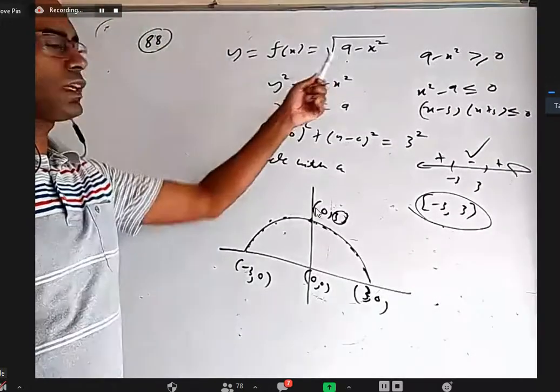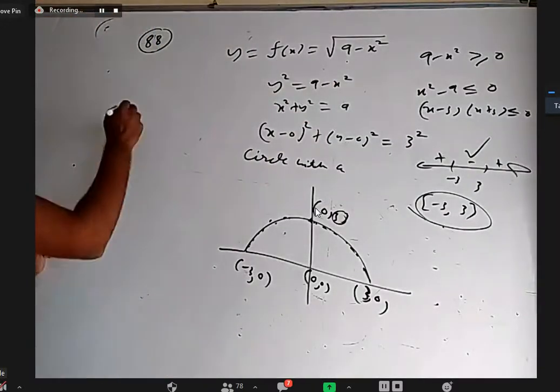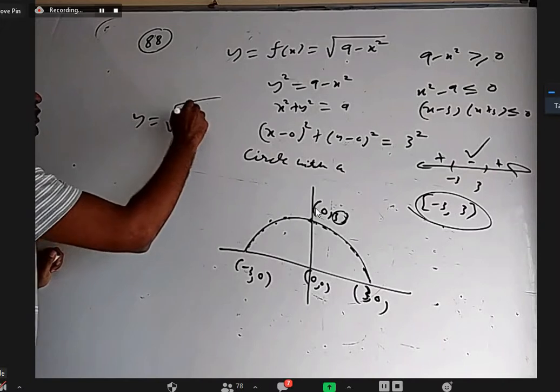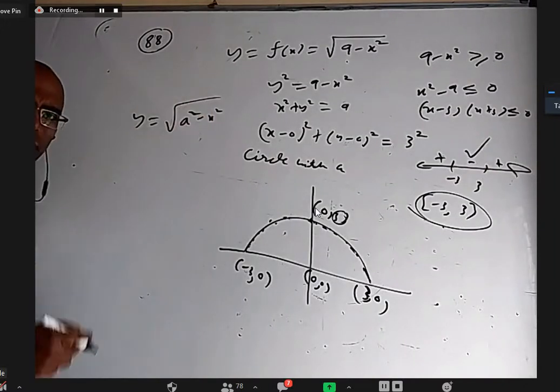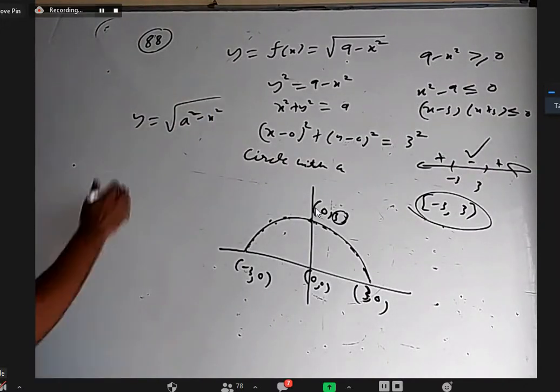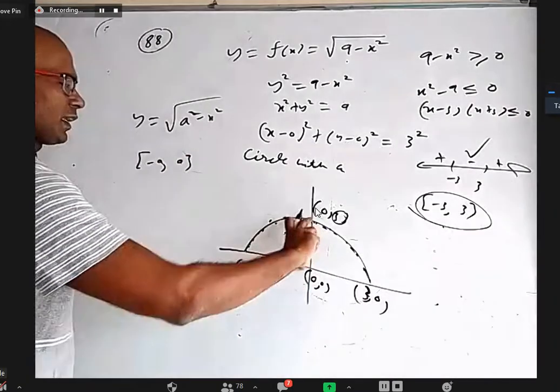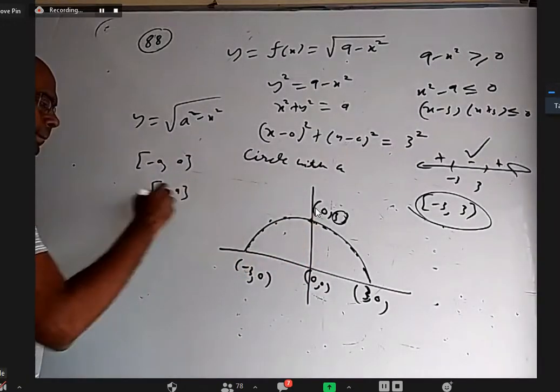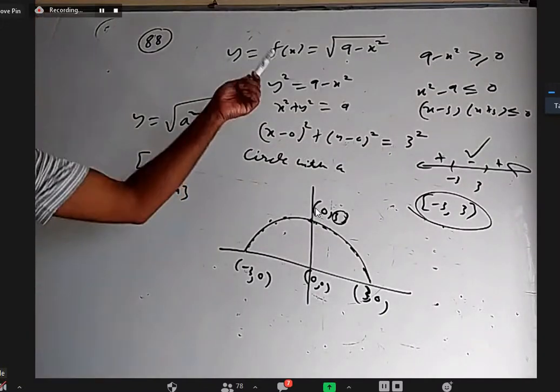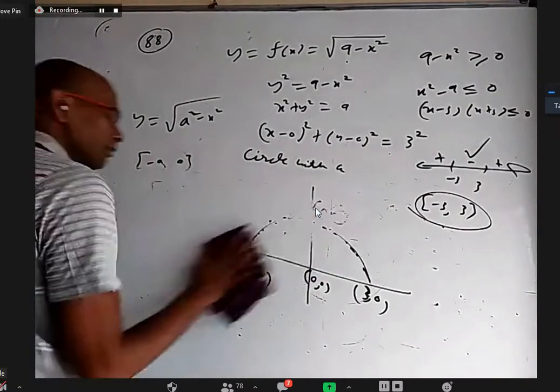But I wanted to give, in the future, anytime you see a function like y equal to root a square minus x square, just like that, you can tell the domain is the closed interval minus a to a and the range is 0 to a. Okay, maybe instead of telling with a 9, I can make that statement.